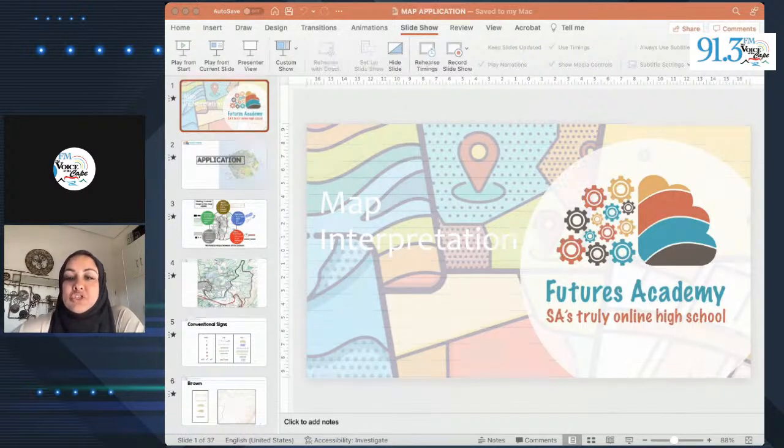So in this particular case, you can see the shaded gray area, which is here, would tell us that this is a residential region. Then this particular black part here would tell us this is an excavation region. Now you can see all along this map, there's something called diggings.